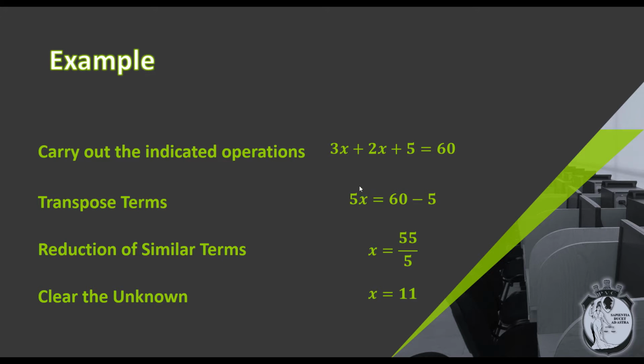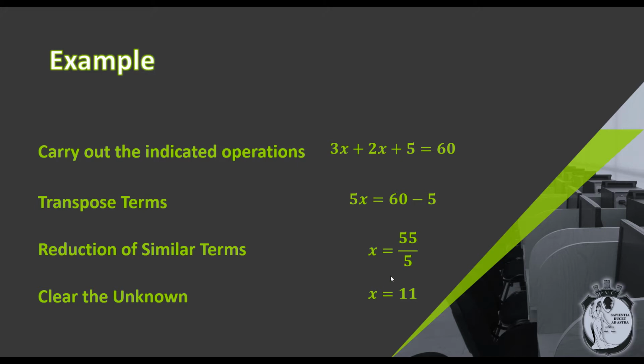So if you need to clear, you need to move that to the other side with the inverse operation. If that coefficient is multiplying x, that coefficient must be dividing the other side of the equation.